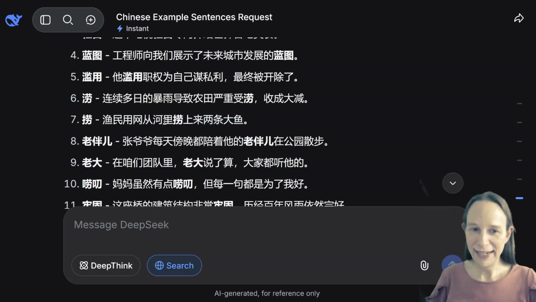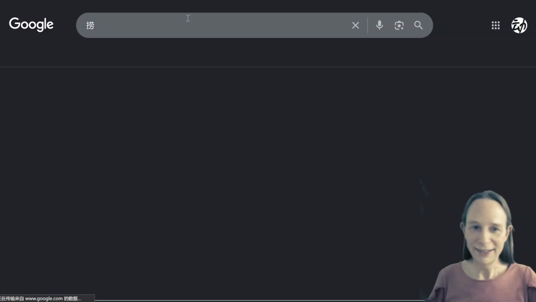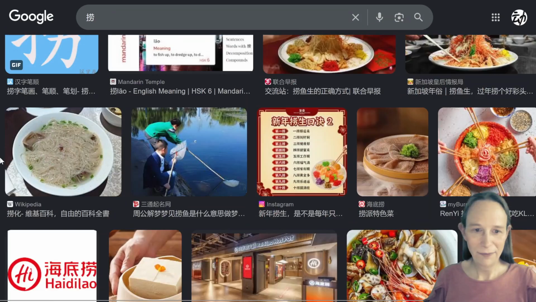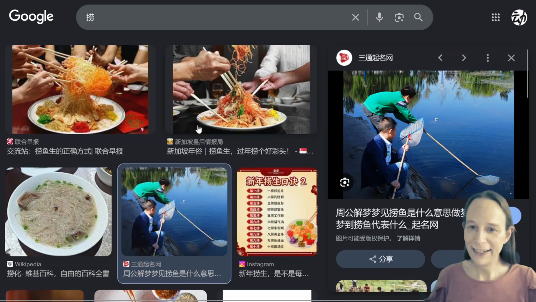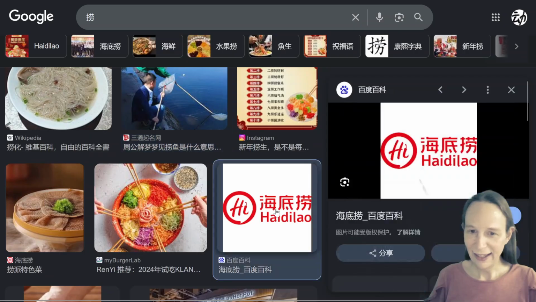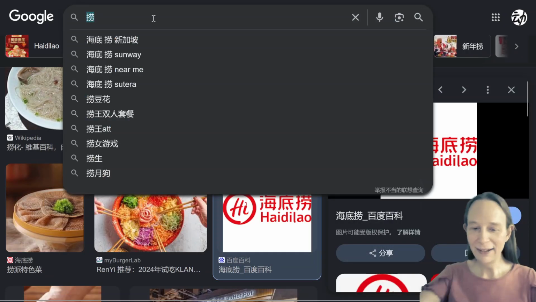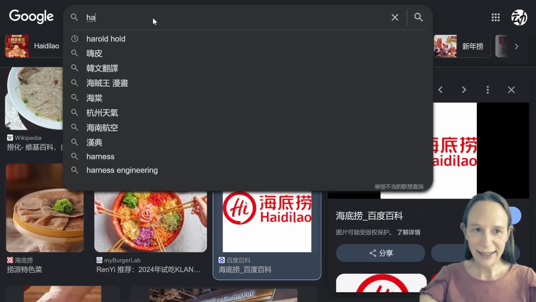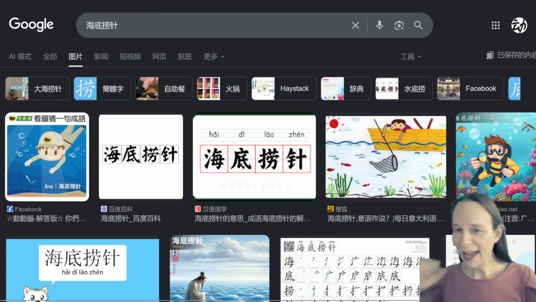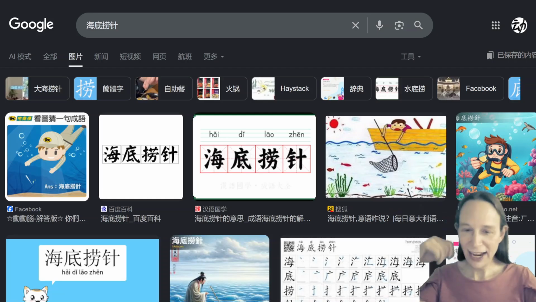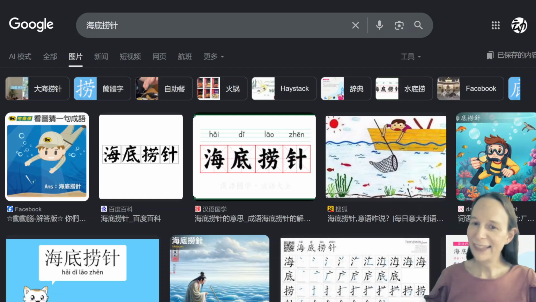Not very many. So they're catching fish. Okay, 海底捞. But before we get 海底捞, let's do 海底捞针. So 海底捞针 is the Chinese equivalent to a needle in a haystack.